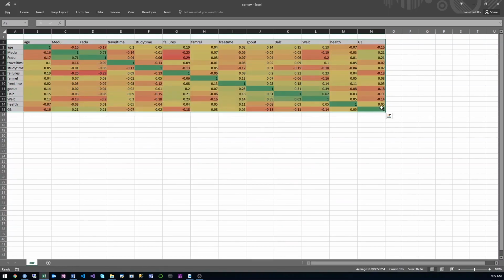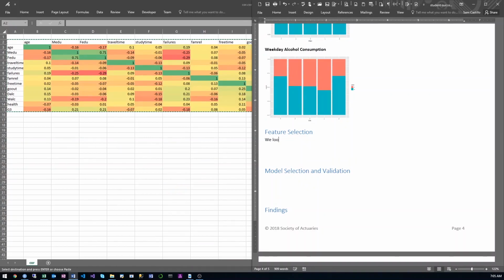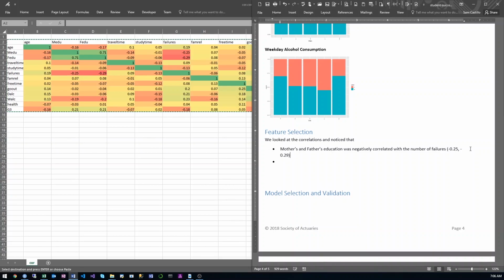Do they expect us to include this? We looked at the correlations and noticed that mother's and father's education were negatively correlated with the number of failures, minus 0.25, minus 0.29.